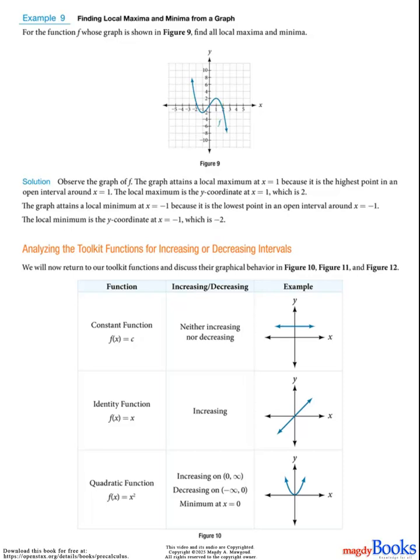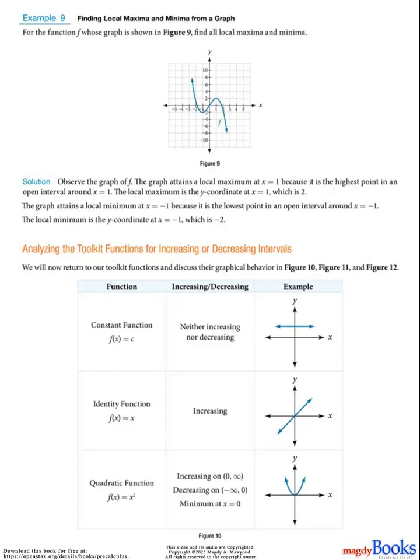1.3.3. Analyzing the toolkit functions for increasing or decreasing intervals. We will now return to our toolkit functions and discuss their graphical behavior in Figure 10, Figure 11, and Figure 12. Figure 10. Function. Increasing, decreasing. Example. 1. Constant function. f of x equals c. Neither increasing nor decreasing. 2.